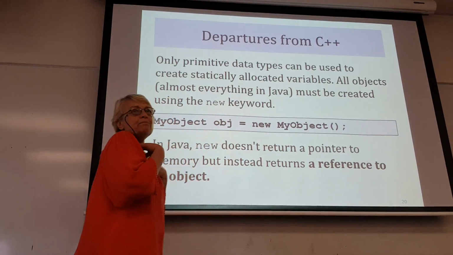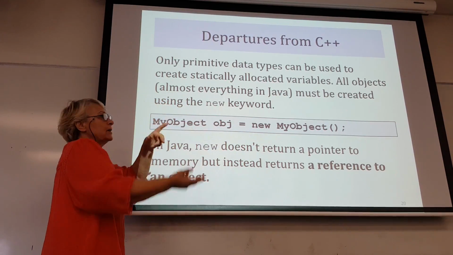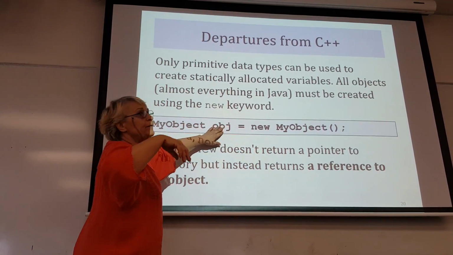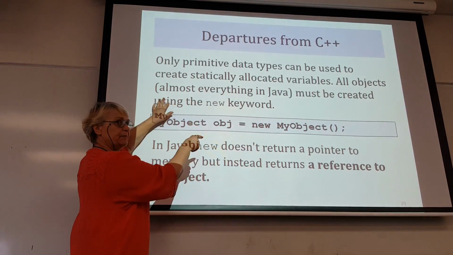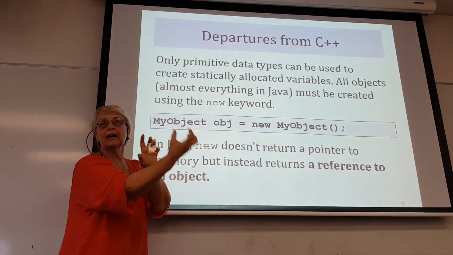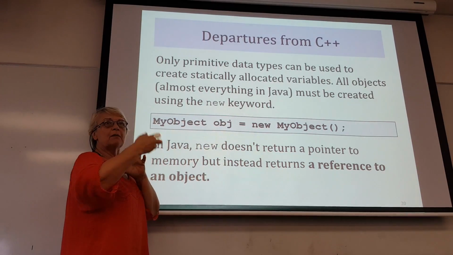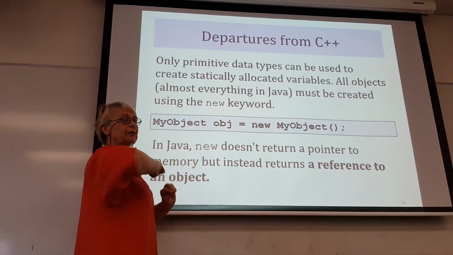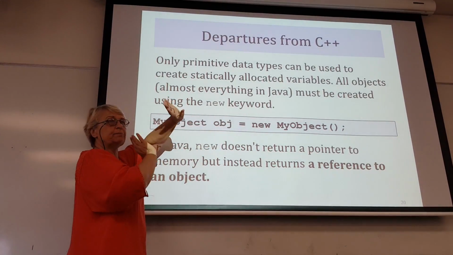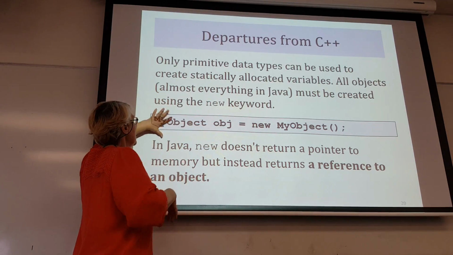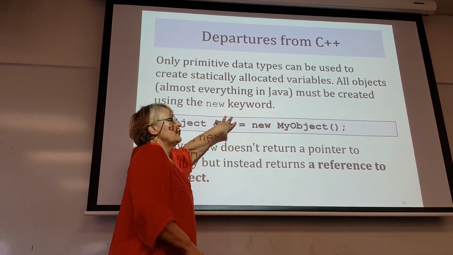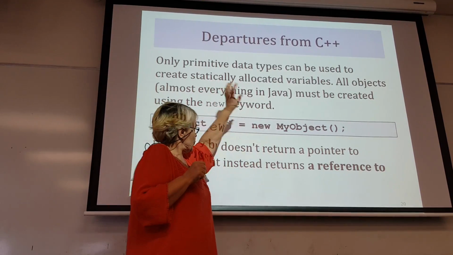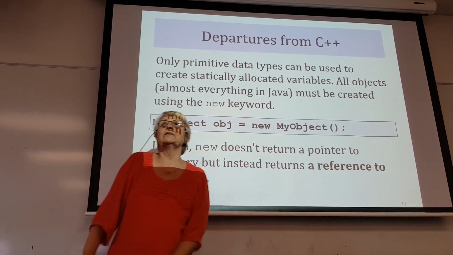If I have a type with a class, right? Even strings should, in principle, be declared with new, because string is a class. But there is some syntax sugar behind the scene, and we can skip using new for string. But if I have a class called my object and I declare a variable of that type, I have to use new and invoke the constructor.